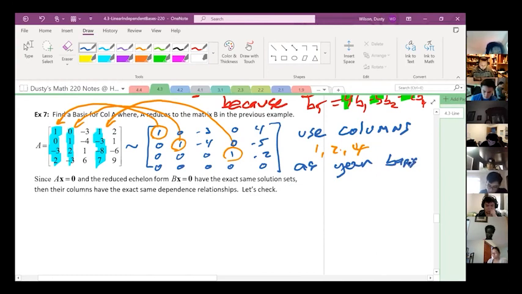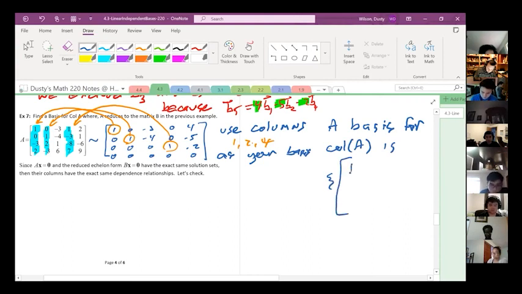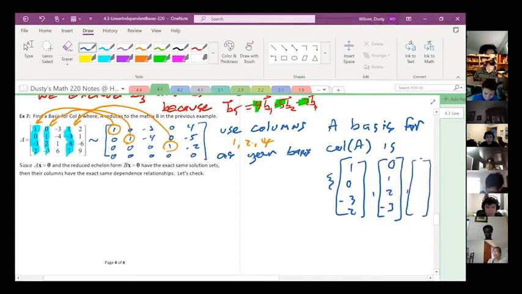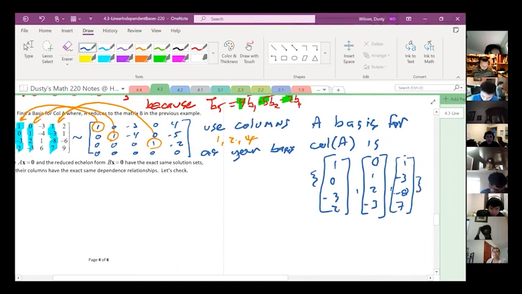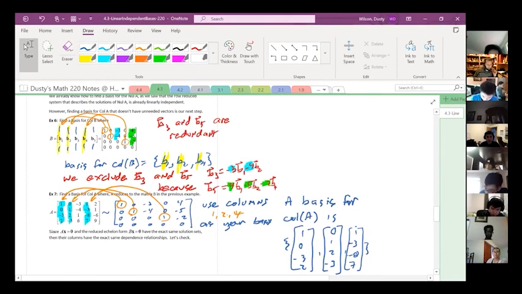Or if I phrased it more cleanly, we would say that a basis for the column space of A is 1, 0, -3, 2; 0, 1, 2, -3; and 1, -3, -8, and 7. Questions?